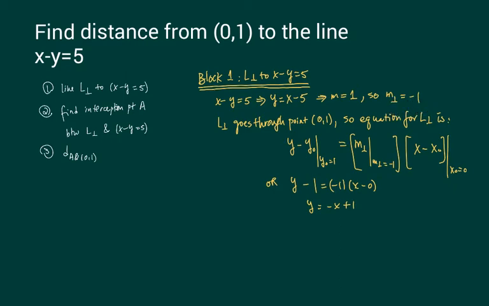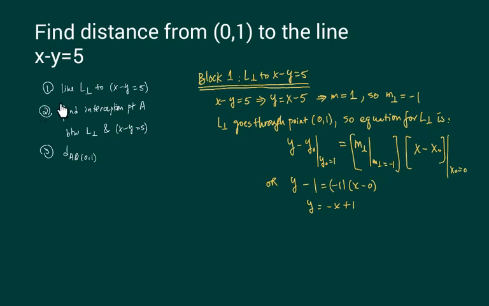That's a pretty important theorem: for a perpendicular line and the original line, the product of their slopes should be minus 1. Then since the perpendicular line goes through (0, 1), I'm going to use y minus y0, where this is the given point, equals slope times x minus the x coordinate. Simplifying a little, the perpendicular line equation is y equals minus x plus 1.